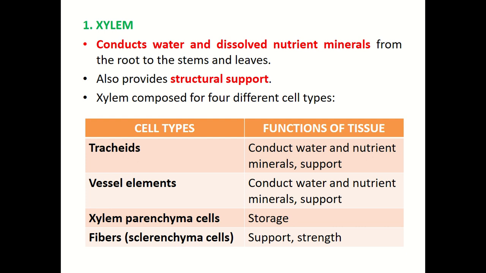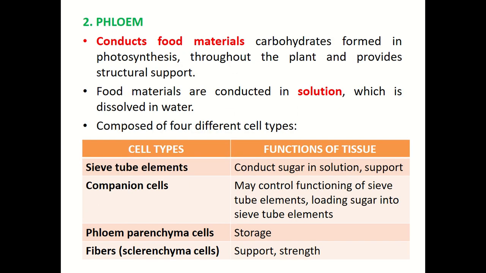It also provides structural support, and xylem is composed of four different cell types: tracheids, vessel elements, xylem parenchyma cells, and also fibers. Tracheids function to conduct water and nutrient minerals. Same with the vessel element, plus support. Xylem parenchyma cells function for storage, meanwhile the fiber function is for support and also strength.